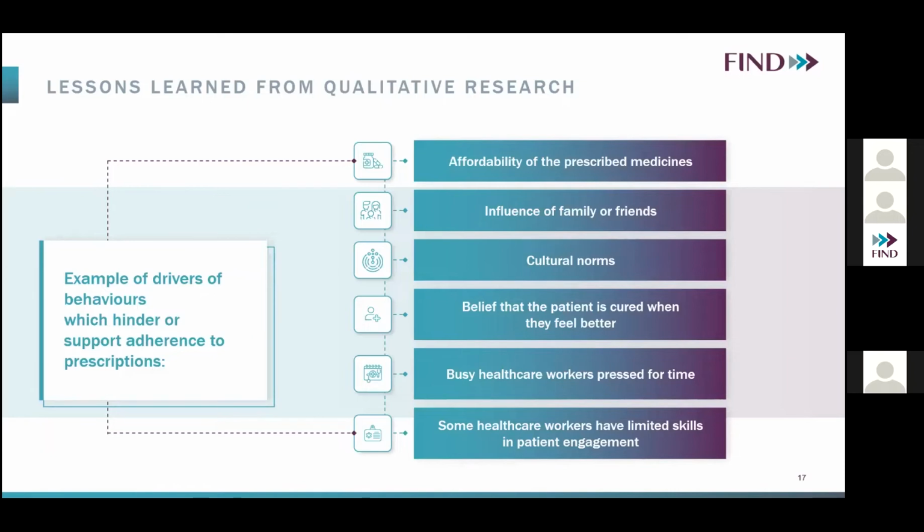They include the affordability of prescribed medicines. If medicine is not cheap enough, the prescription won't be adhered to. Influence of family and friends: in cases where friends or family tell a patient that this medicine doesn't work, they may not adhere to the prescription.